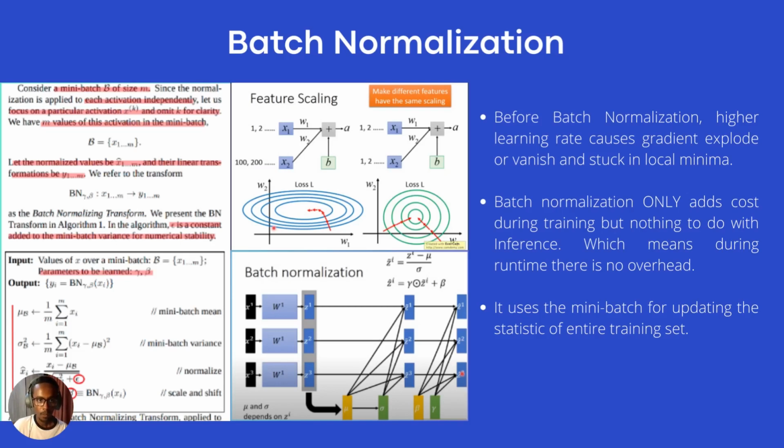We have mentioned that since we have features on different scales, let's say when we have an input within the range of 1 and 10, and between the range of 100 and 1000, these two will make our loss function an elliptical shape, as we can see on the image on the top right corner.